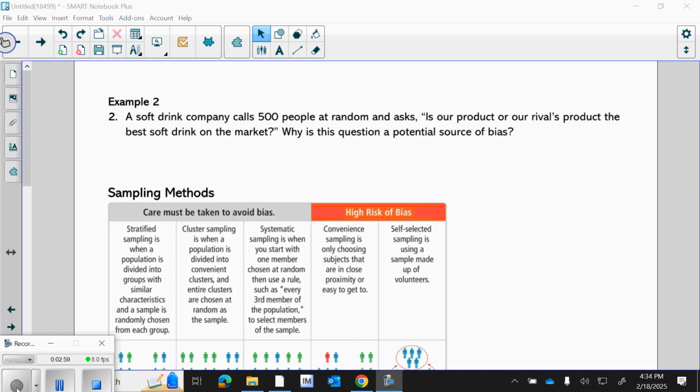Hopefully you noticed that they only give you two options, our product or our rival's product. So it wasn't a good representation of the entire population. They didn't give you a chance to choose from all the soft drinks. So this could be rephrased as what is the best soft drink on the market, which would give everybody an equal opportunity to be chosen.